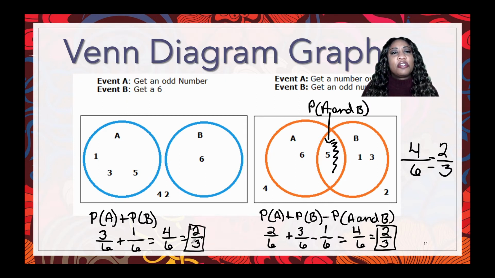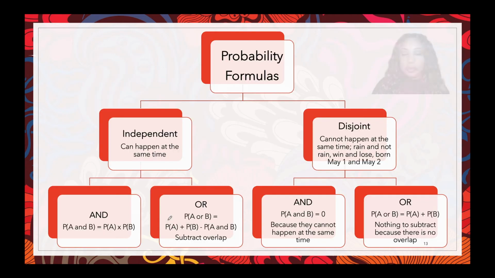Now there's nothing to subtract. We subtracted for the independent because we counted this 5 twice. There's nothing to count twice, and so there's nothing to subtract. And so that's why that formula does not have something to subtract at the end.